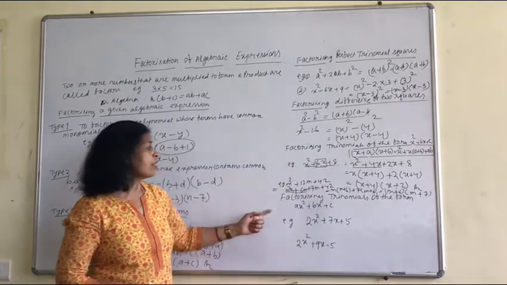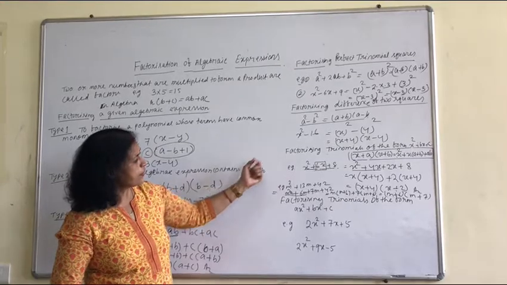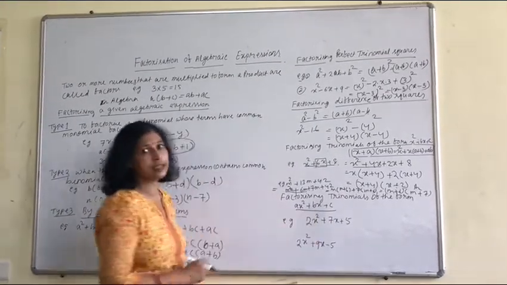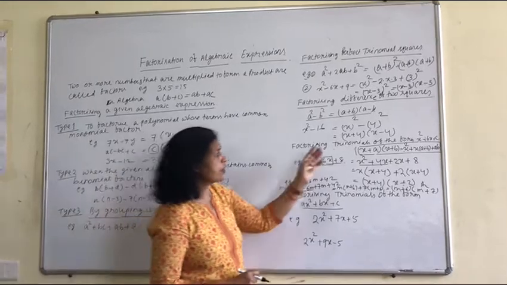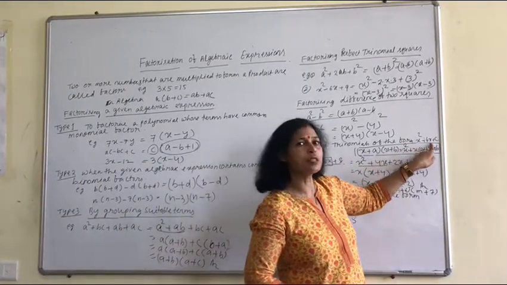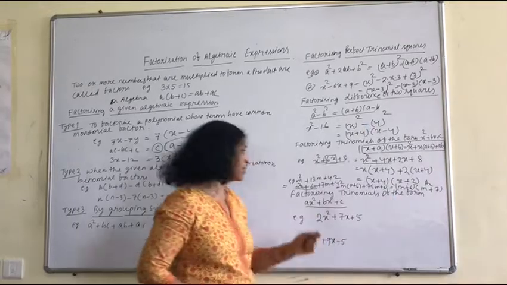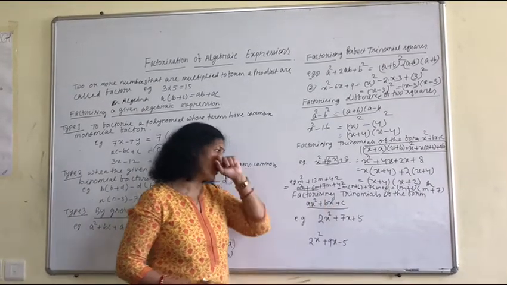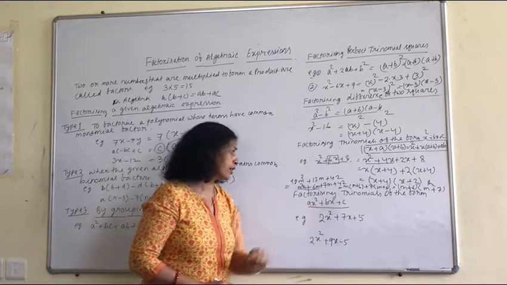Okay. Last one, another of this type, but here the format is ax square plus bx plus c. Just above it was x square plus bx plus c, but here it is ax square plus bx plus c. You have to multiply a into c.